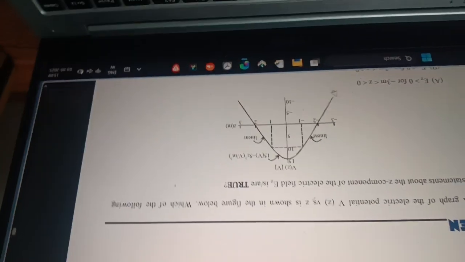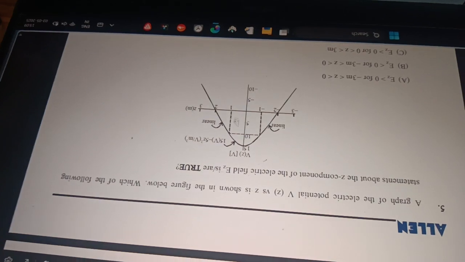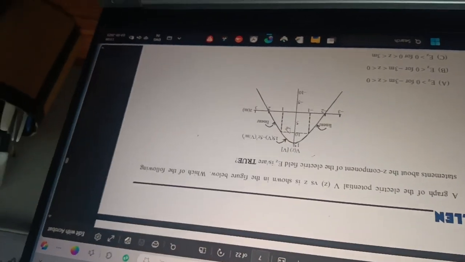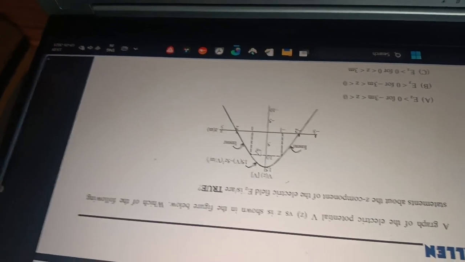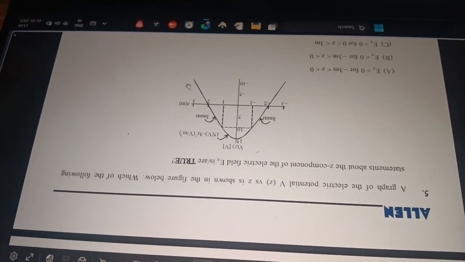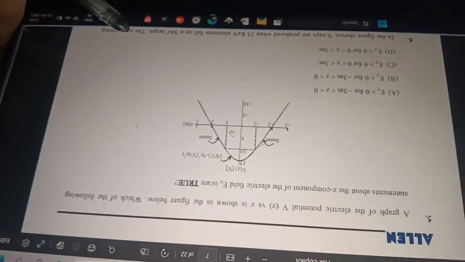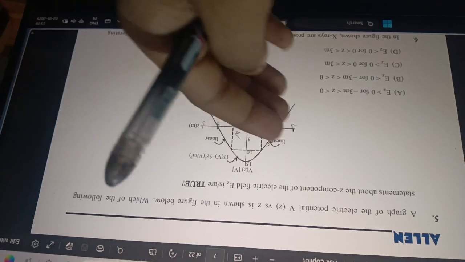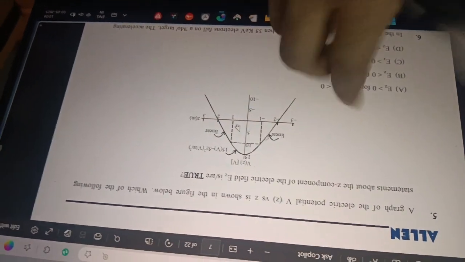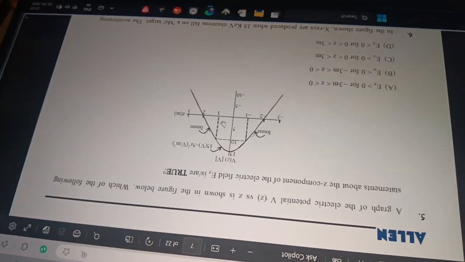Now in this case we know that the electric potential decreases, the electric field points in the direction from higher potential to lower potential. The higher potential is at this point and the lower is in this direction, so we can say that the electric field will point in this direction for this part and in this direction for this part, because the potential decreases in this direction, so the electric field will point from higher to lower.